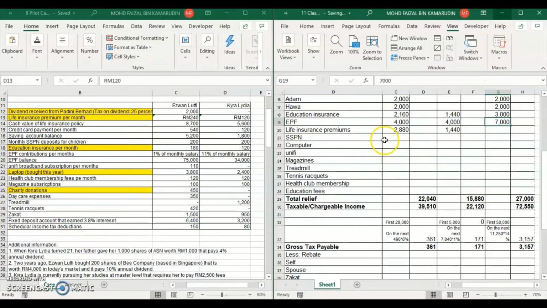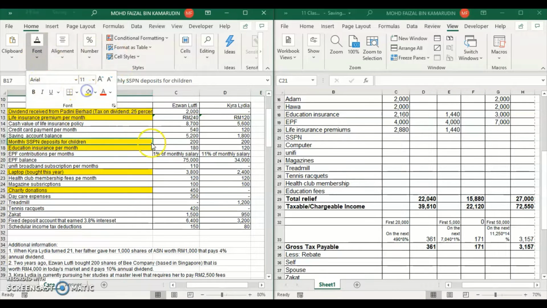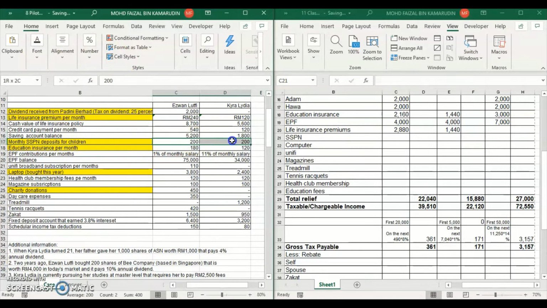Let's move on with the next item, SSPN. Yes, they do contribute to SSPN, 200 each. Let's check how we go about it. 200 times 12, sorry, not 2000, 200. So 2400, 2400.